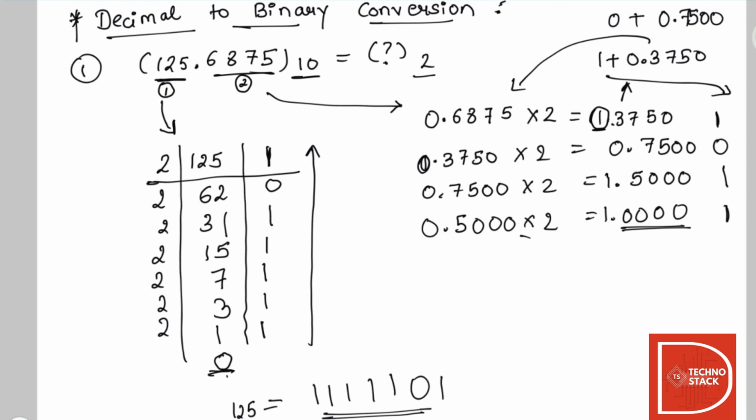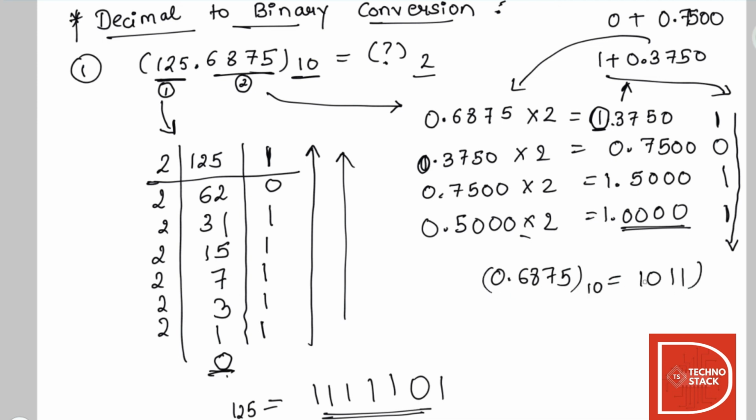As we took the remainders from below to above earlier, after the decimal point we'll take top to bottom. So 0.6875 decimal is equivalent to 0.1011 of binary.